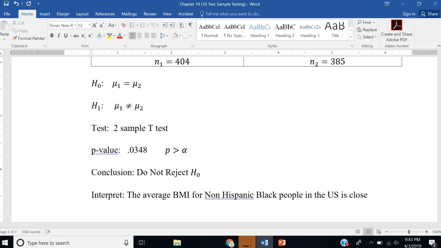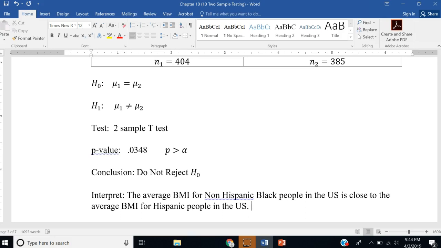So notice that these are going to be a little bit longer statements, just because we're dealing with two groups. So we're going to explicitly list out both groups when we're talking about the interpretation statement.